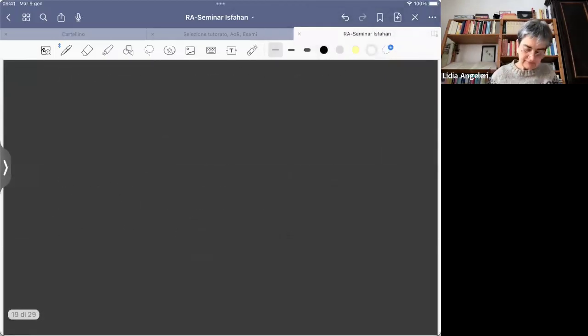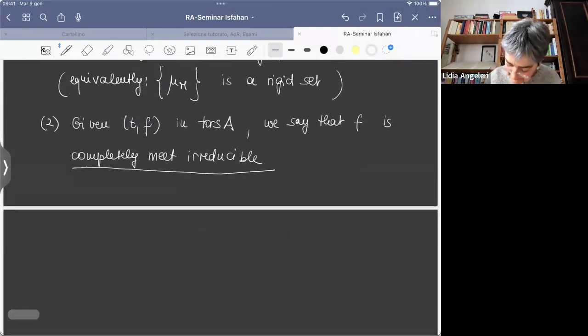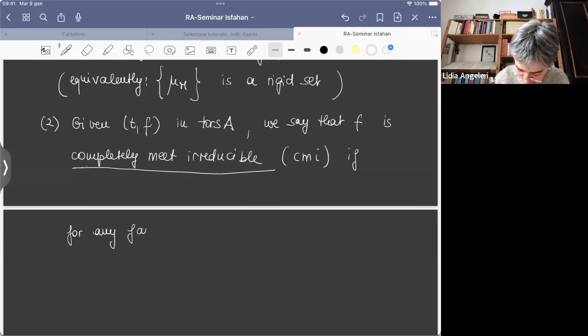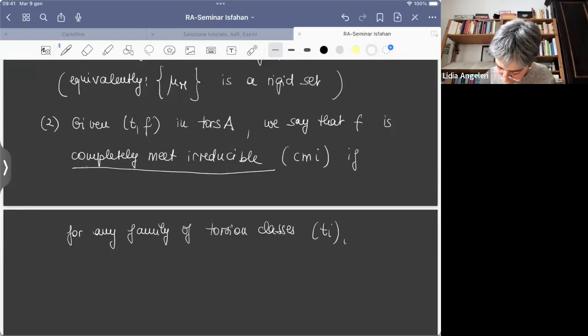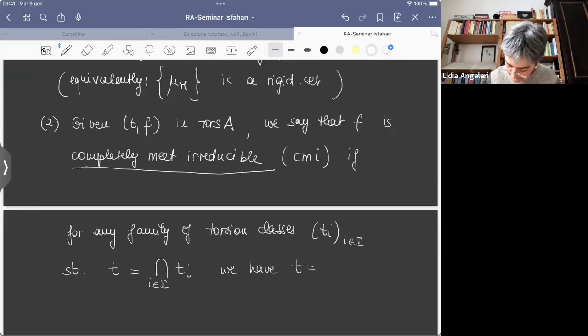We will abbreviate this by CMI. So if for any family of torsion classes T_i such that T is the meet, the intersection of the T_i's, we have that T equals one of these classes. They can't be all strictly larger.